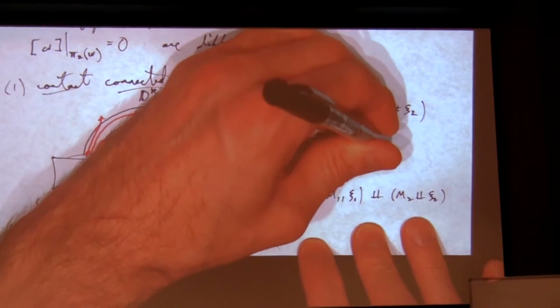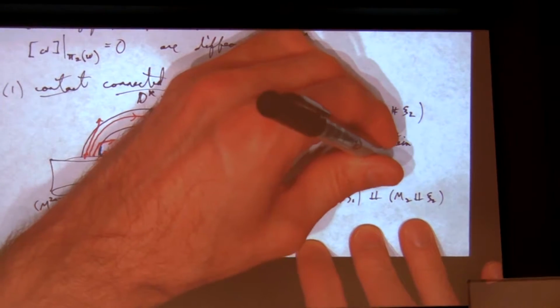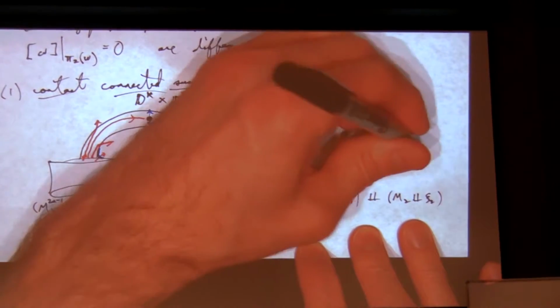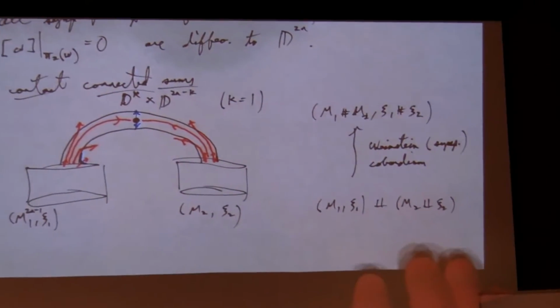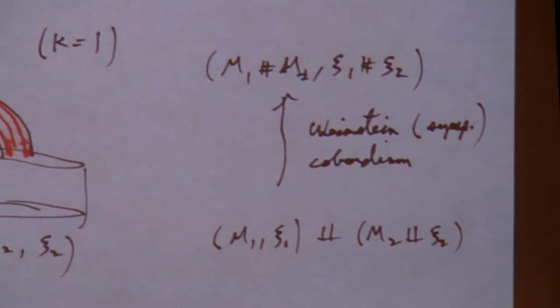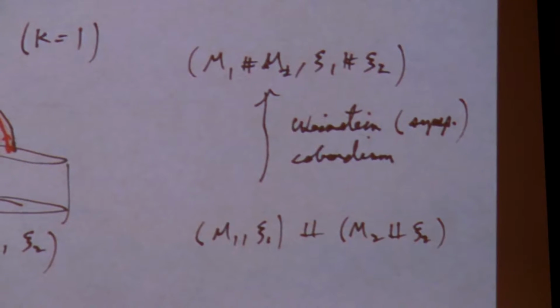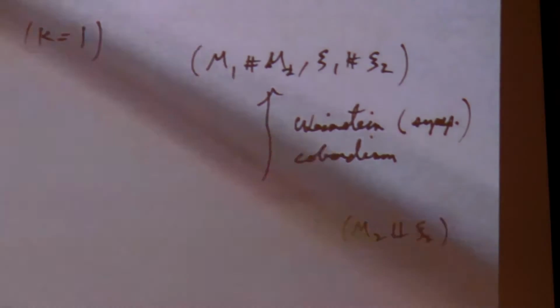More precisely, it's a Weinstein or Stein cobordism. Okay. So now let me recall a few things that are known about the contact connected sum and have been known for a while.